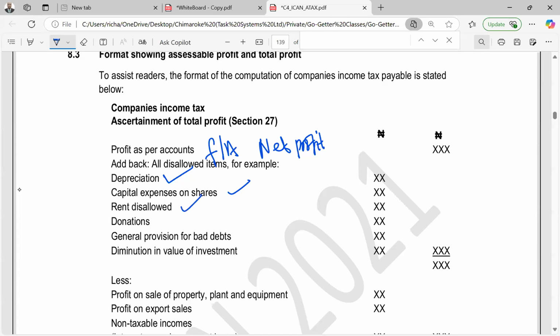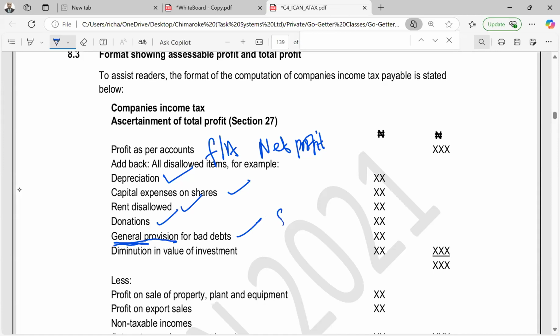Then donations. There are some donations that are disallowed. We'll talk about it when we get to allowable and disallowable. Then we have general provisions for bad debts. Take note, it is the general portion that is disallowed.